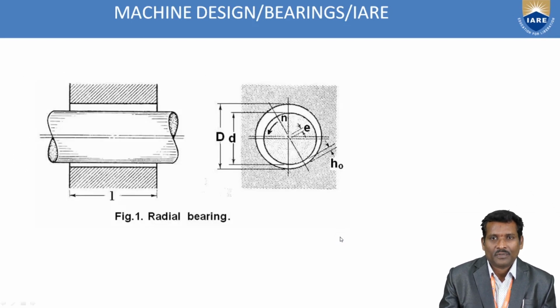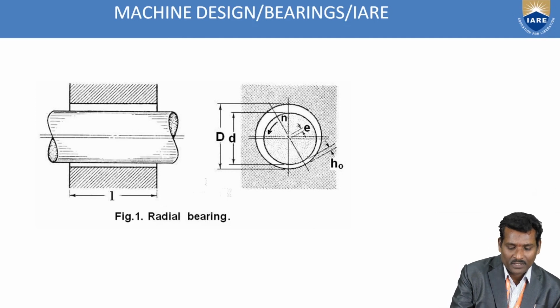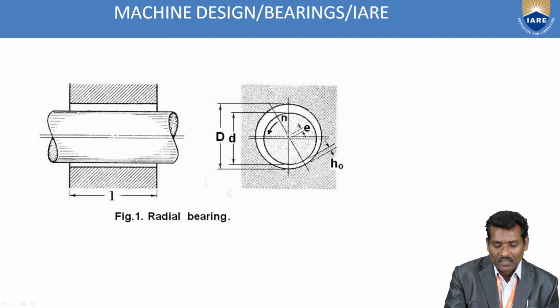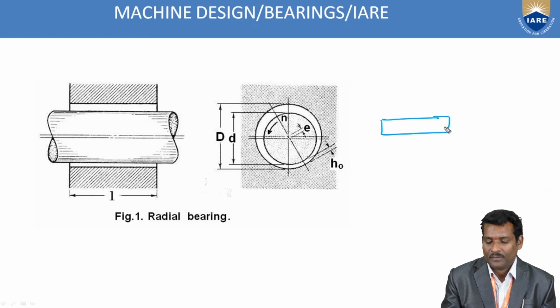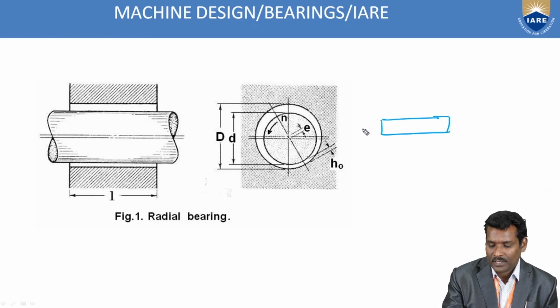So look at this figure. In this radial bearing, the load is acting perpendicularly on the shaft. Here load is acting on the shaft perpendicularly. So it means in this type of bearing, this is a shaft, the load is acting, this is a bearing element.